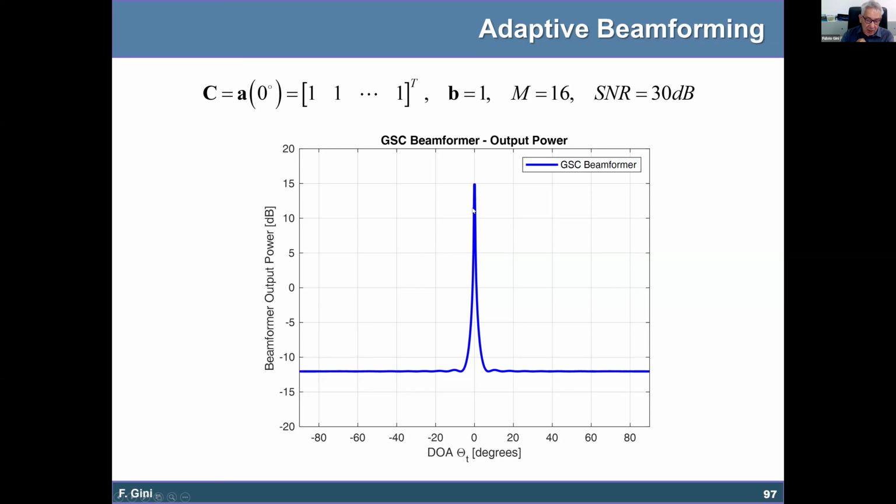You can see that the beam is very narrow, and basically also the effect of the side lobe is negligible. Remember, this is not the beam pattern. This is the beamformer output in the presence of signal plus noise. So the difference is the presence of the noise, okay? The beam pattern basically is the output in the absence of noise.